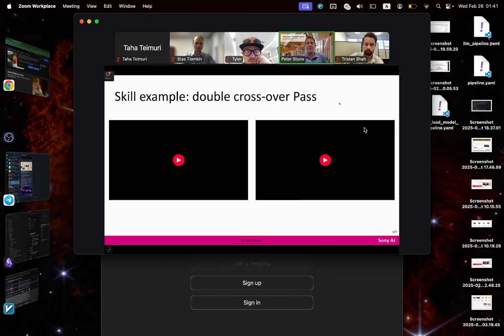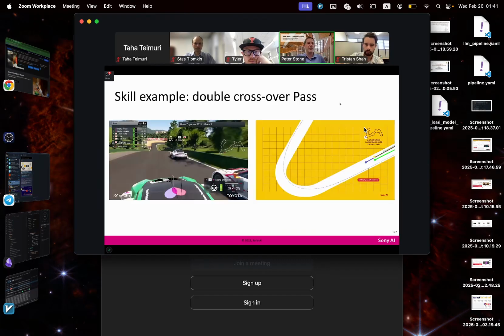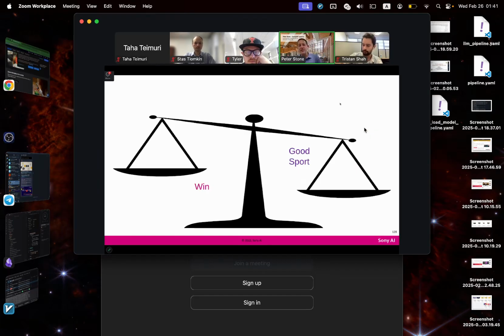So you see that they started behind, but then after that turn, they ended up in front. So these are the kinds of skills that they learn in the multi-agent setting. And then finally, there's this last challenge, which I told you about, which is the etiquette aspect.